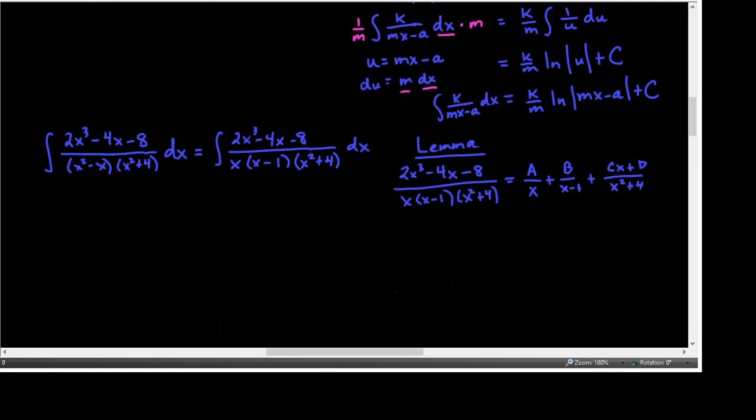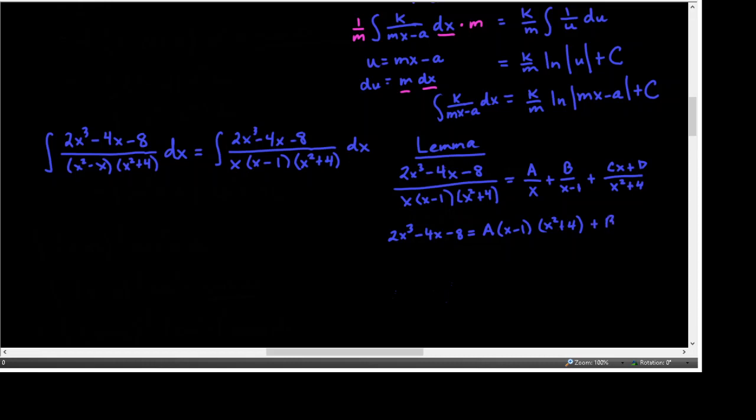So multiplying both sides of this equation by the common denominator, the left side, the denominator pieces will all cancel out, leaving the numerator. Multiplying the three factors in our denominator by our first fraction, the x will cancel, leaving a times x minus 1 times x squared plus 4. I can see that I'm going to bleed over to the right a little bit, so I may need to move over. You'll see in a second what I have to do. Okay.